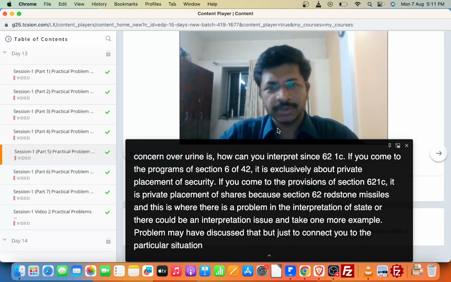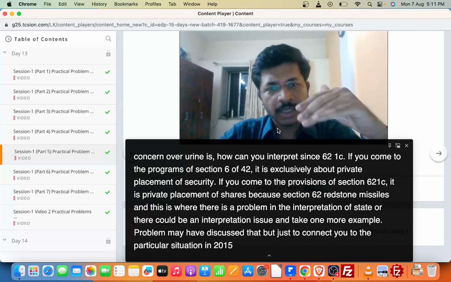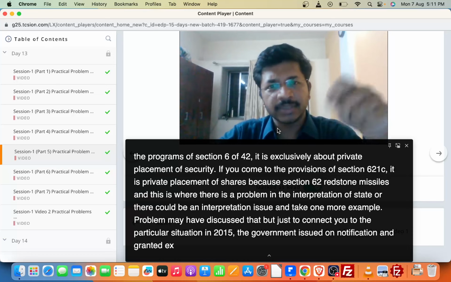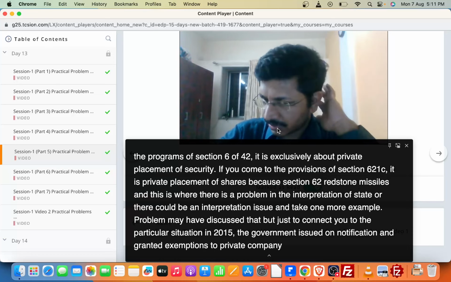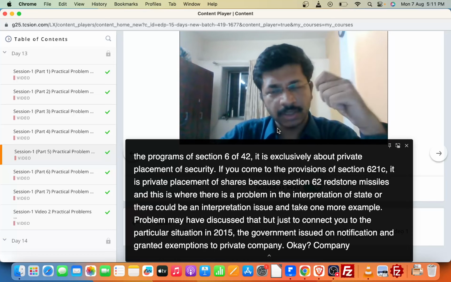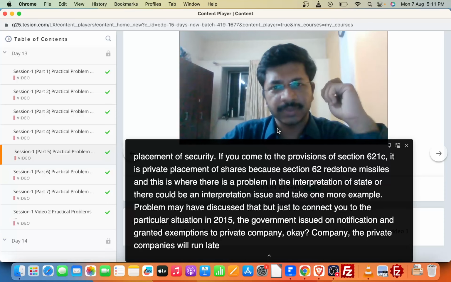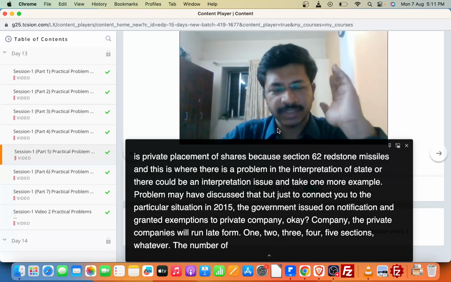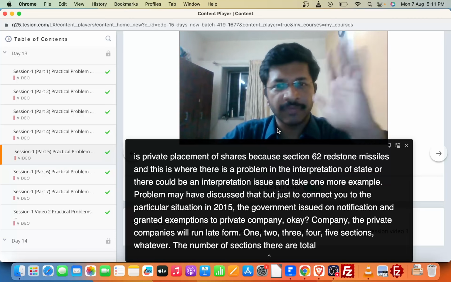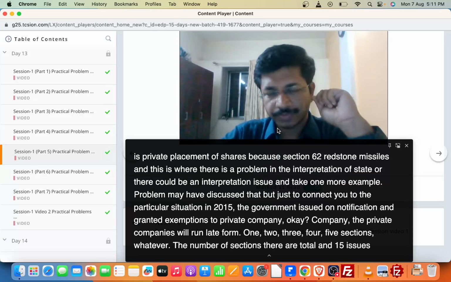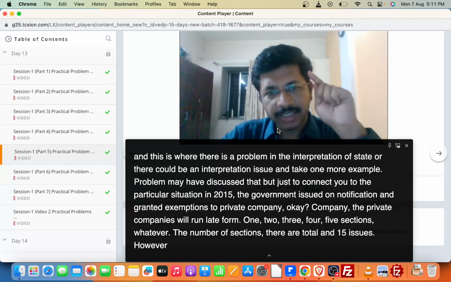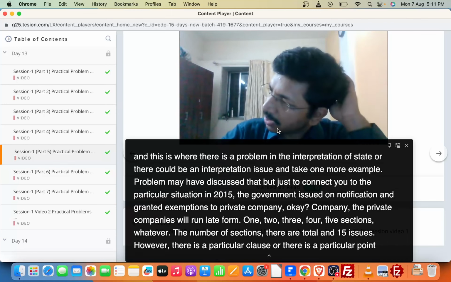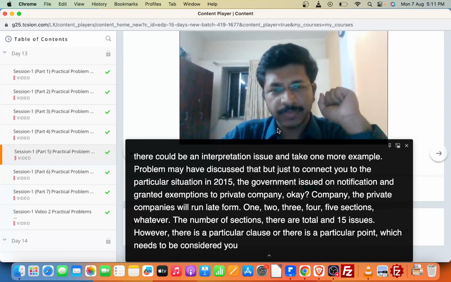In 2015, the government issued a notification and granted exemptions to private companies. The private companies were granted exemptions for several sections, total 10, 15 exemptions. However, there is a particular point which needs to be considered here.